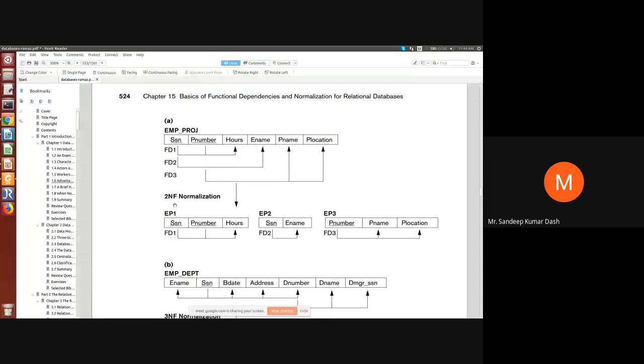Any doubt? No doubt from anyone? Means everybody got it, or it was over the head like a bouncer? How many say this is clear concept?